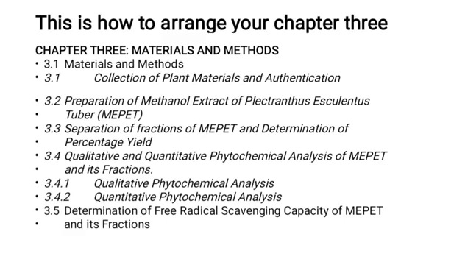How you collected the plant material and how it was authenticated, in case you are working with plants. Then the next one, 3.2, is preparation of the aqueous extract, how you prepared the extract that you worked on. And you talk about separation of fractions, qualitative and quantitative phytochemical analysis. For example, you talk about qualitative phytochemical analysis, quantitative phytochemical analysis, then determination of free.